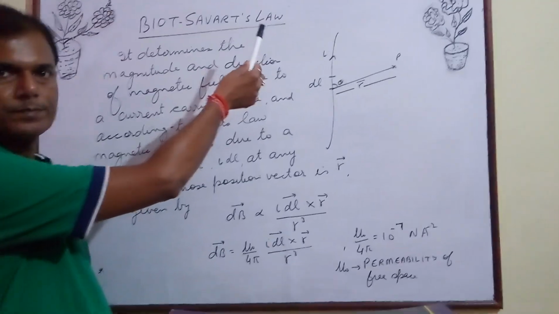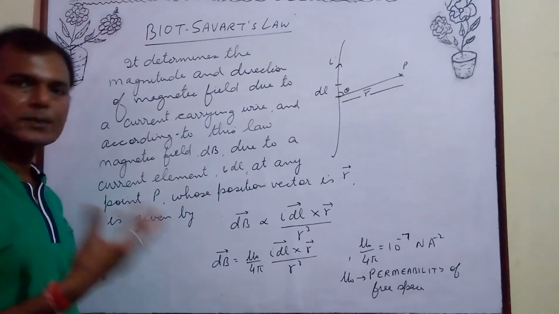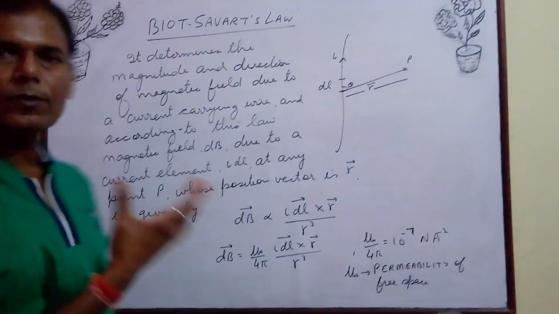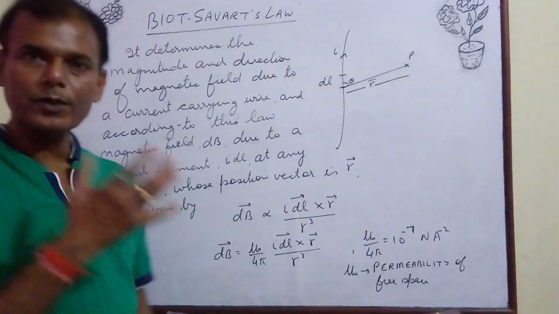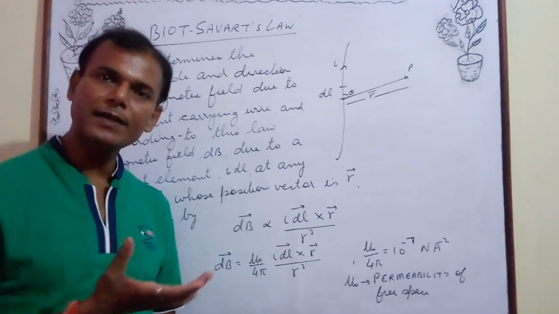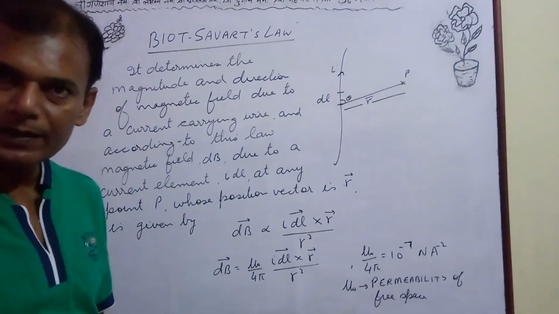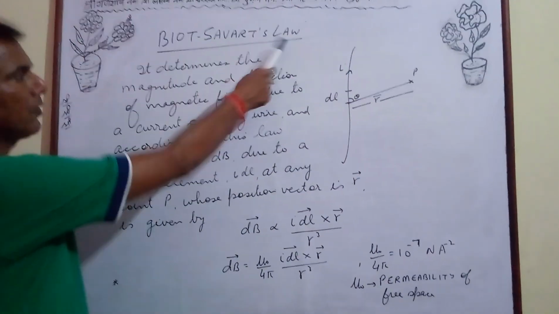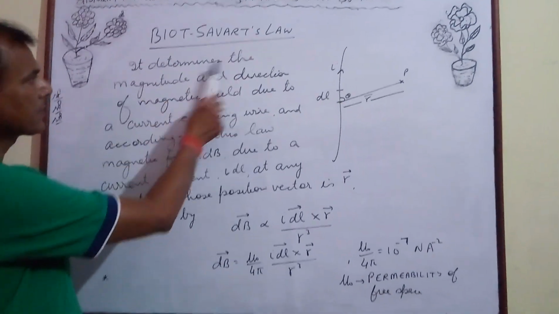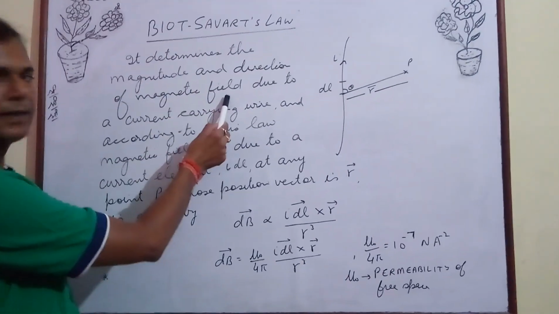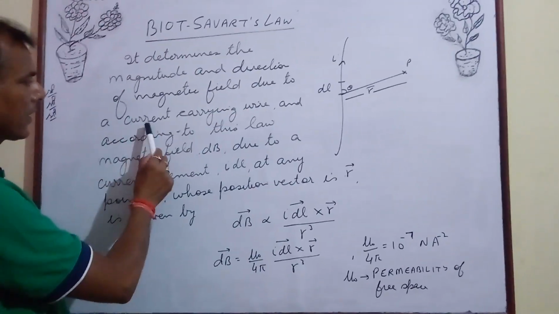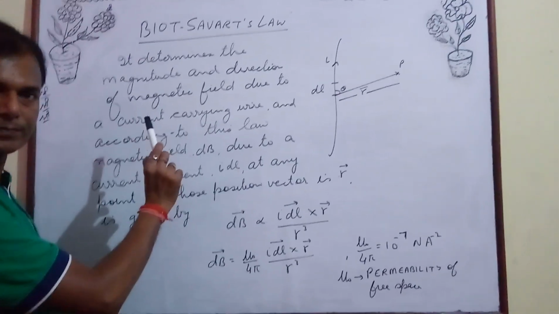Biot-Savart's law. The Oersted experiment tells us that when current flows, a magnetic field is set up. It does not tell us the strength or the direction of the magnetic field. The Biot-Savart law determines the magnitude and direction of the magnetic field due to a current carrying wire.